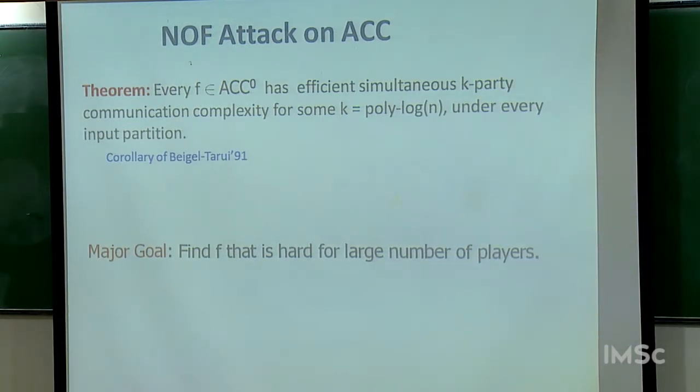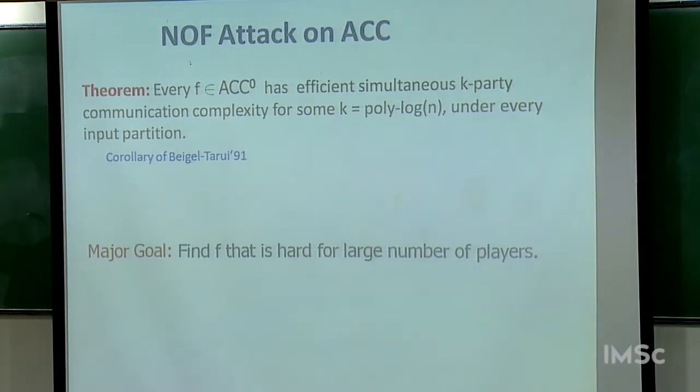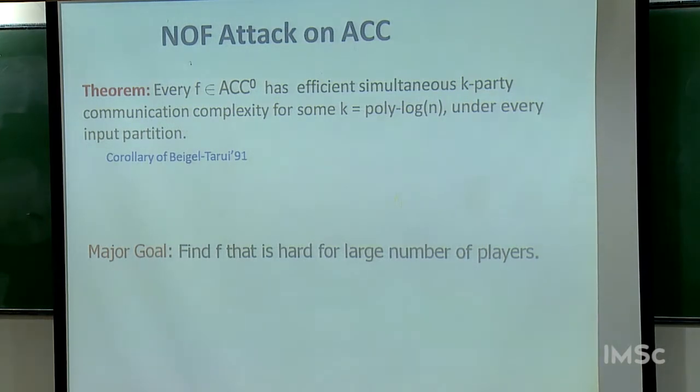In fact, my talk will try to convince you that whenever the number of players is log n or slightly larger, this communication complexity model suddenly becomes very powerful, and many functions that were conjectured to be hard when the number of players is large actually turn out to be easy.